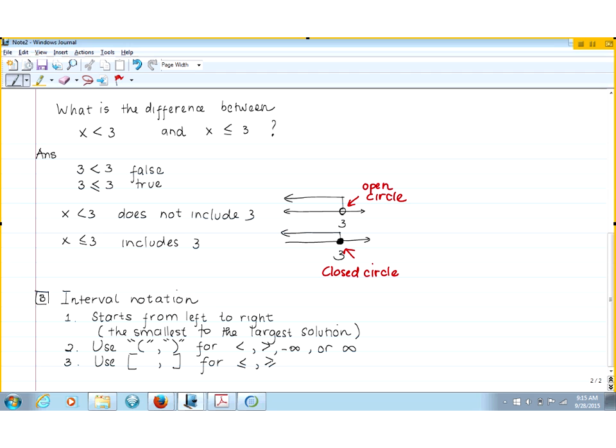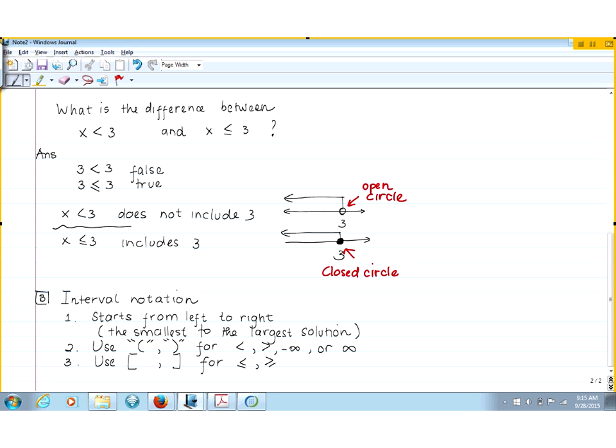So that is interval notation. Now, on the next page, we will talk about doing a summary. So the next page. So which one? Where do we use bracket? Well, when we have less than or equal to.